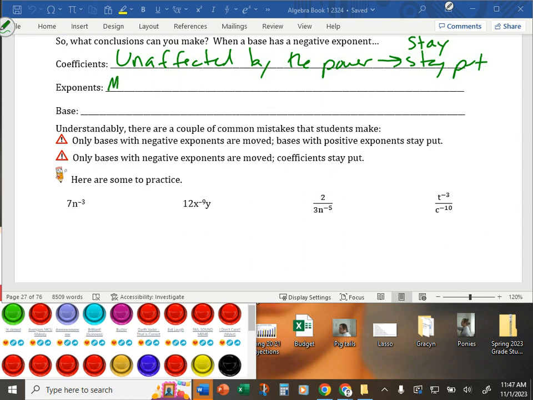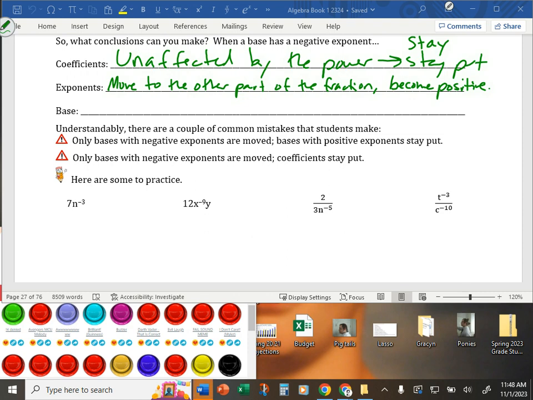So exponents, what they do is they move to the other part of the fraction and they become positive. Because if you move it to the other part of the fraction, now it's where it should be. Now it's in the correct part of the fraction. It's happy again. So the exponent becomes positive.